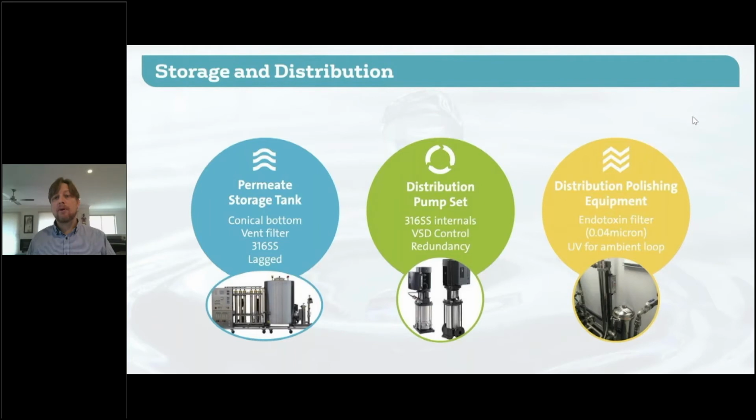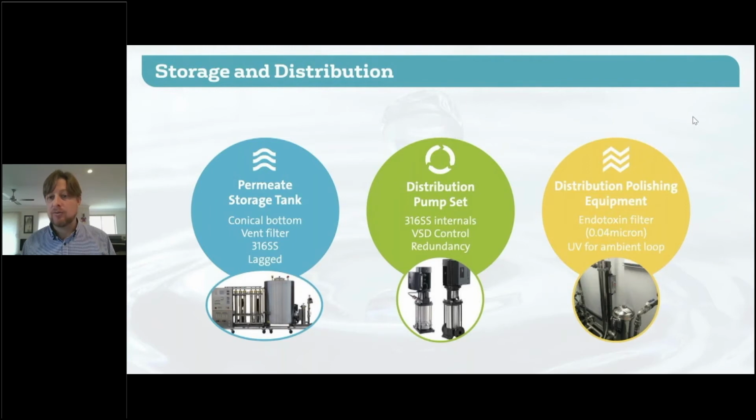And then your distribution polishing equipment. So it doesn't matter how well you design your loop and your storage tank and your pump set, you've always got joins in pipe work, you've got connections to equipment and connections to your pumps. You've got opportunities for the introduction of bacteria. And once bacteria is introduced, it will try and find a place where it can settle and replicate.